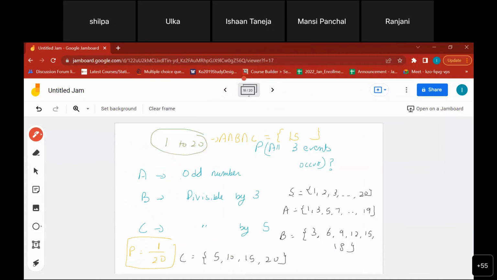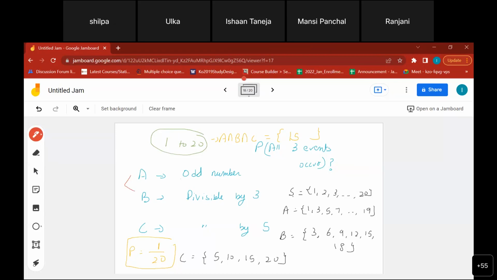They are dependent. A, B, C are dependent. Okay. And what about A and B? Dependent. Why? Because there are certain elements in A which also occur in B.